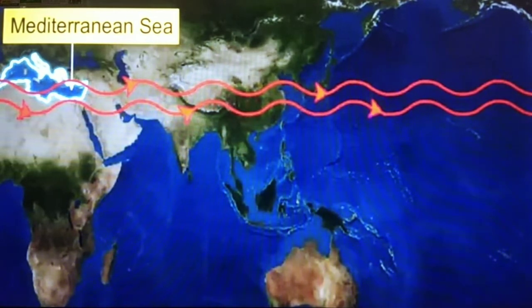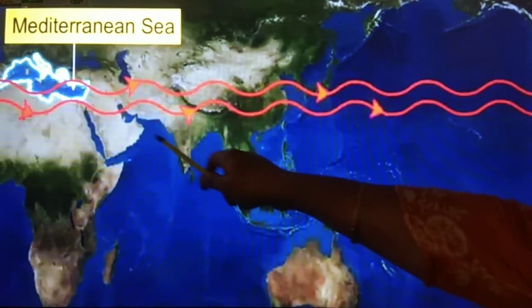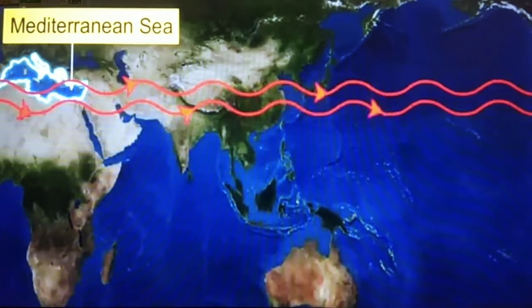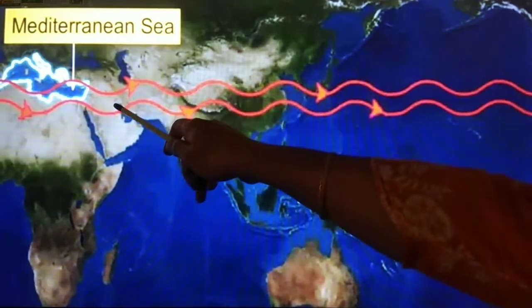Due to the apparent movement of the sun, the pressure belt shifts and the westerlies blow from 20 degree north to 50 degree north latitude and over northern India. And when these westerlies start moving, it brings a cyclone. These cyclones rise from the Mediterranean Sea, very important.